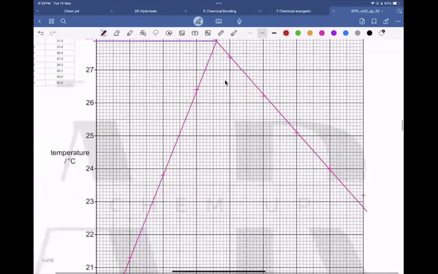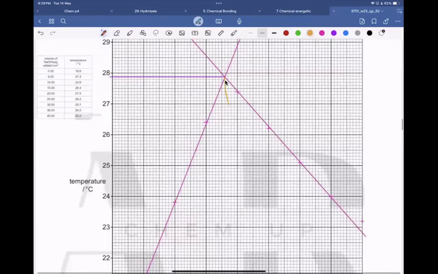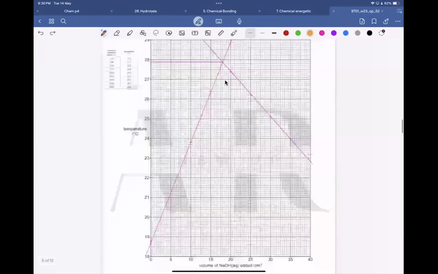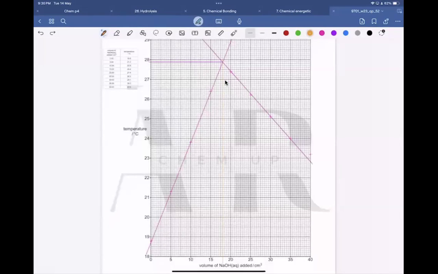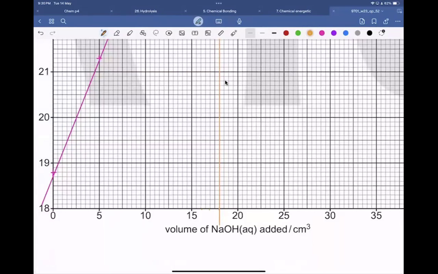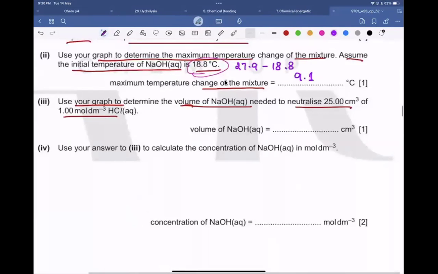So see, the volume of sodium hydroxide needed will be 16, 17, 18. It is 18, right? So 18 cm³ of sodium hydroxide is needed. 18.0.